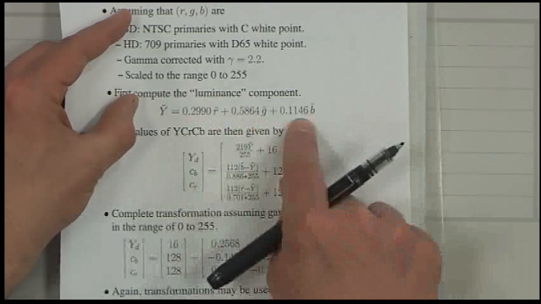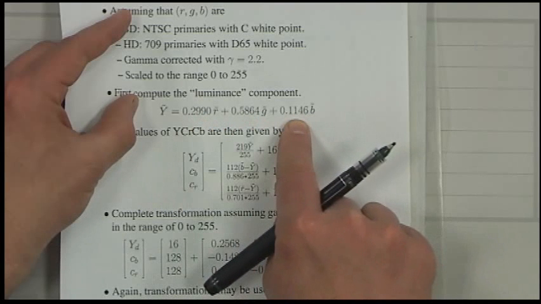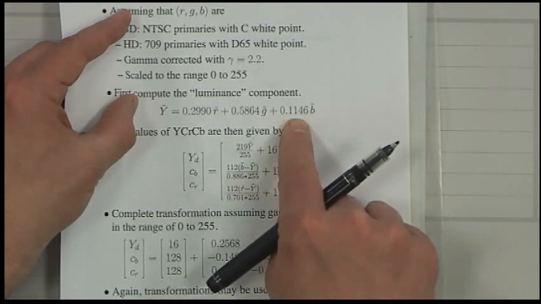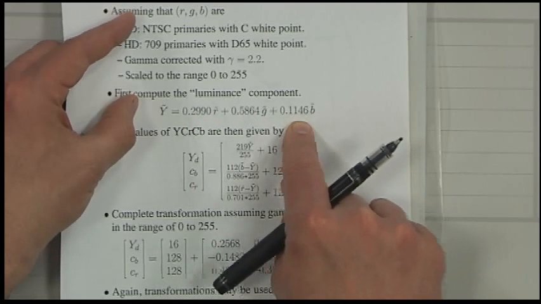So the interpretation of that is that blue has a relatively small luminance component.